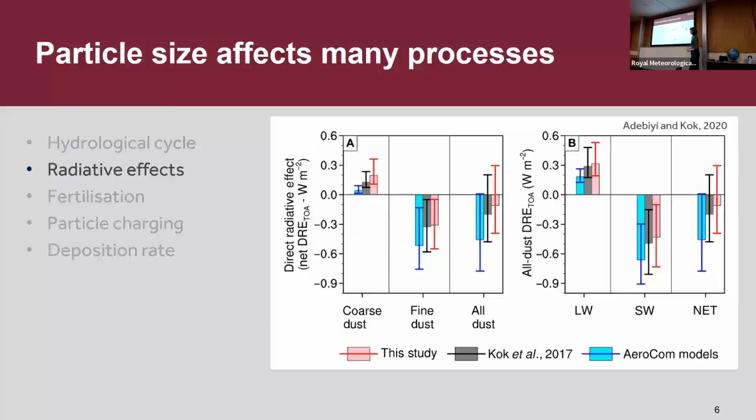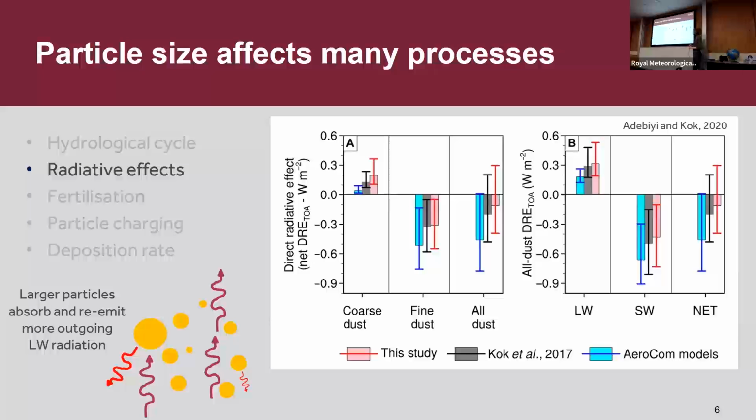So specifically the radiative effects, this is to do with this plot here. First of all, in terms of a long wave impact, we've got outgoing long wave radiation from the Earth, and generally large particles absorb more because they're bigger, which also means that they have more to re-emit either back to the surface or to the top of the atmosphere. Whereas the finer particles, they still re-emit, but nowhere near as much.